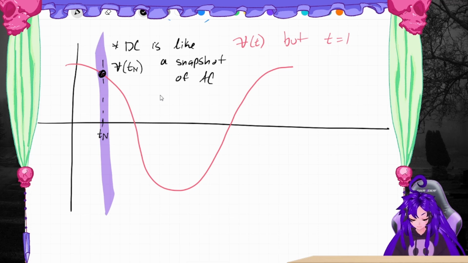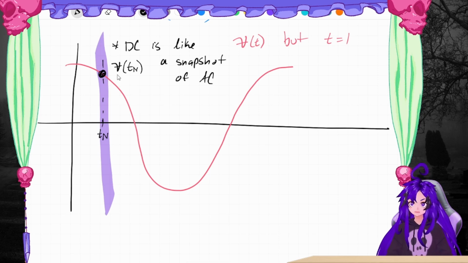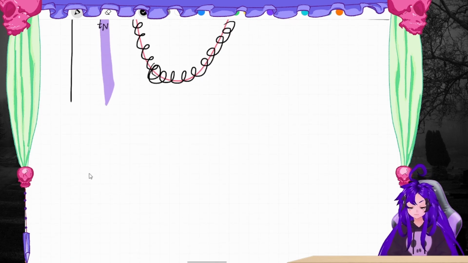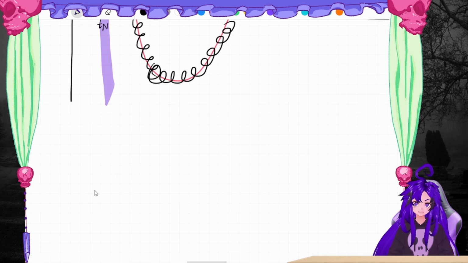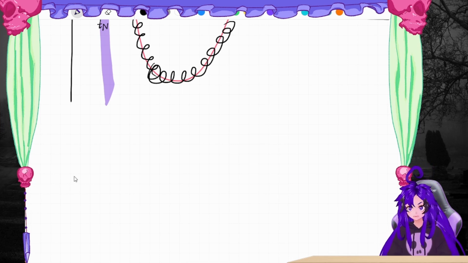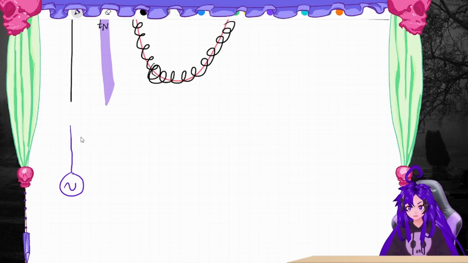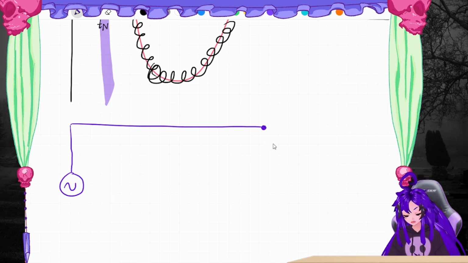So the difference is that usually we've been given voltage as a positive number. So we need to understand what happens when voltage is not a positive number. What happens down here? So I'm going to draw out a circuit that you may or may not have ever seen before, and it's probably going to be freaky because you don't know what the circuit element is, but I will explain it in a moment.